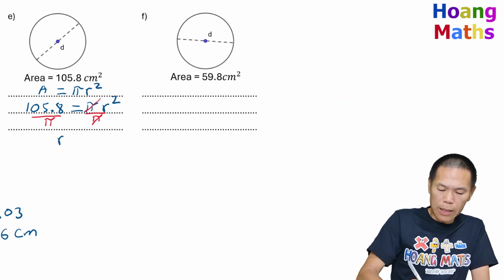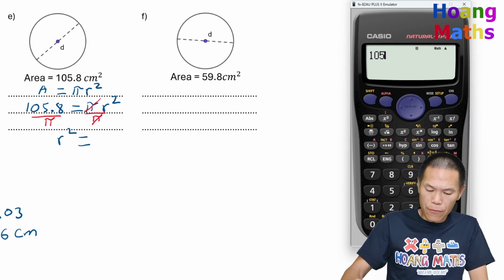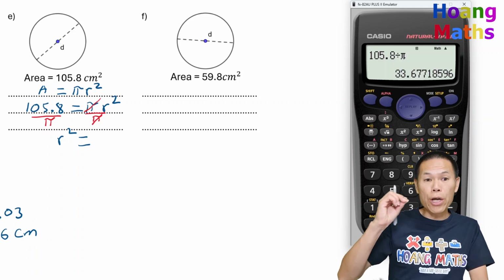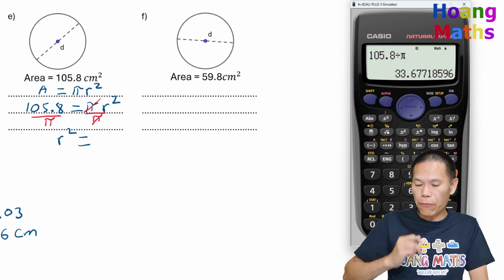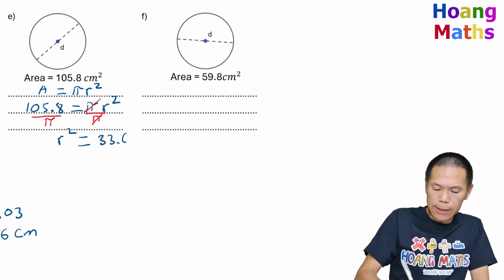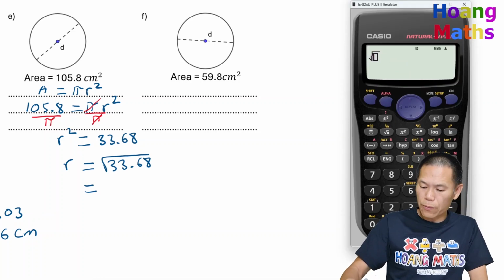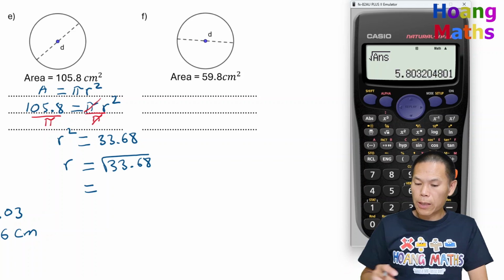So that means r squared equals 105.8 divided by pi. There you go. 33.68 for now. So 33.68. And r is the square root of that. 33.68, and that will give me square root answer. There you go.